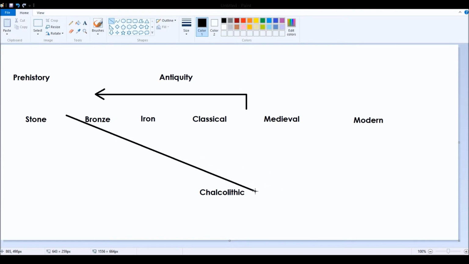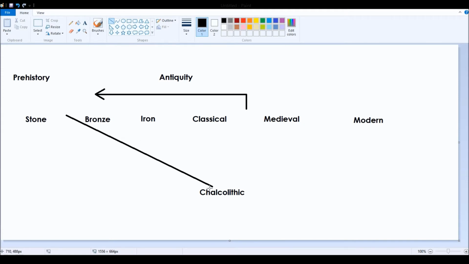So this is the transitional period between the Stone and Bronze Age in many places. The Chalcolithic era is a cultural stage when civilizations learn to smelt simple metals like copper, gold, silver, lead, and such things, but they haven't combined the copper with arsenic or with tin in order to produce bronze.